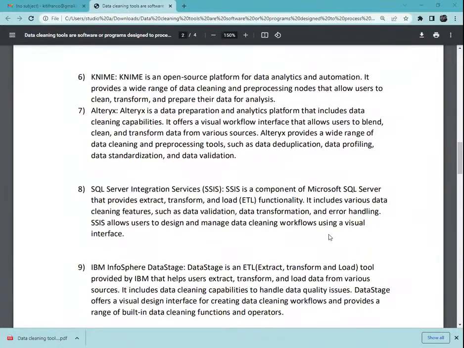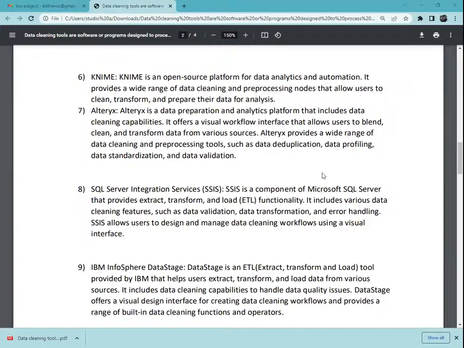And then now, ladies and gentlemen, we have SQL Server Integration Services, the famous SSIS, a component of Microsoft SQL Server that provides extract, transform, and load. You can see, just like what Power BI does: extraction, transformation, and loading.